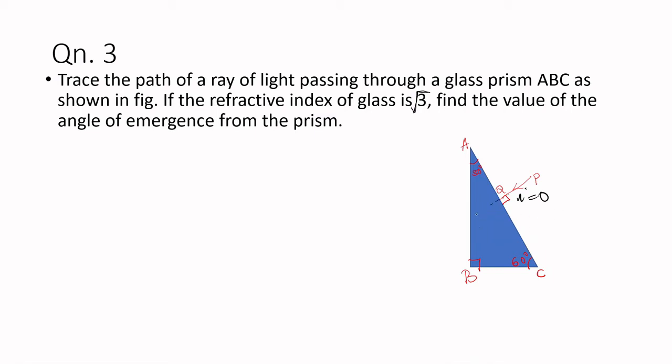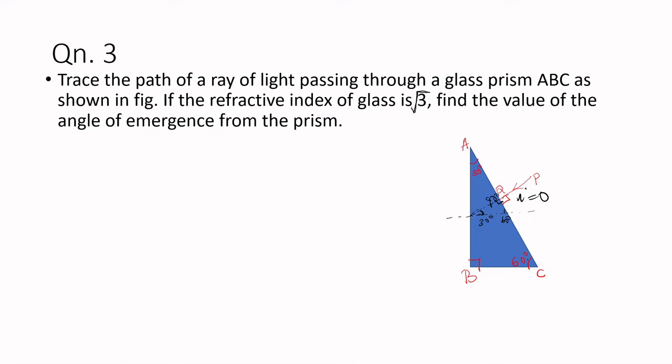Now the ray is directly going and hitting the other face called AB. At this point we will draw the normal. Normal is like this. Here the angle is 60 degree, and here it is 90. So 90 plus 60 is over, then the rest will be 30 degree over here.